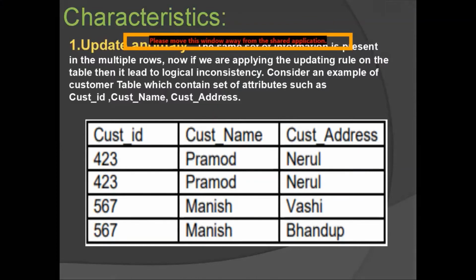There is a possibility that a particular customer appears multiple times in a particular table, because of which we are using normalization. Since the person is one only, his address should also be updated only once, and if you have to do it again and again in other places, it is a complexity for your database. It means if Pramod comes 4 times in my table, his address update to Powai has to be done 4 times. So this is one problem. This is known as your update anomaly.